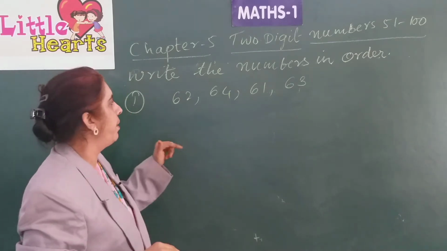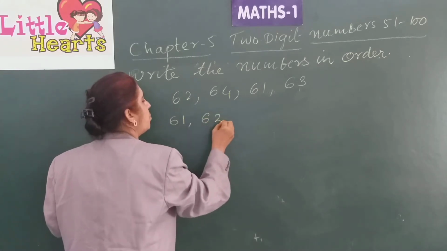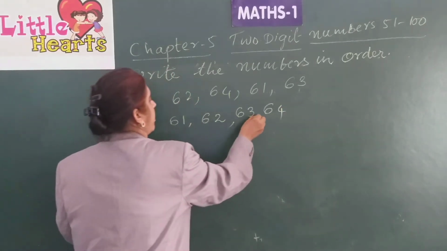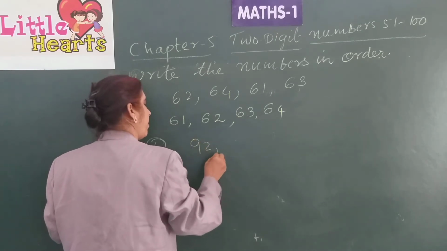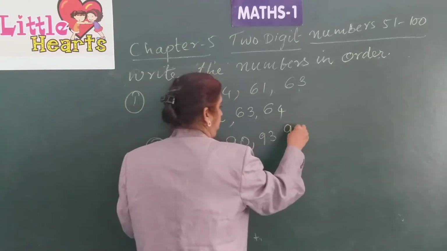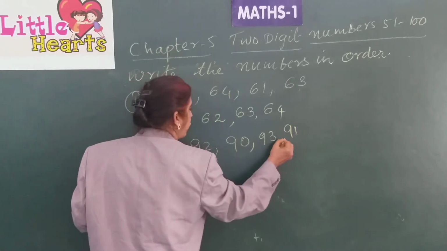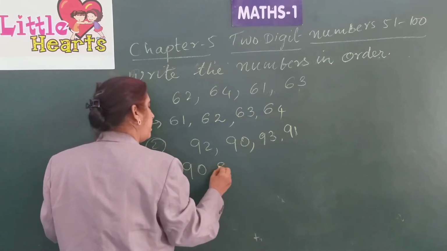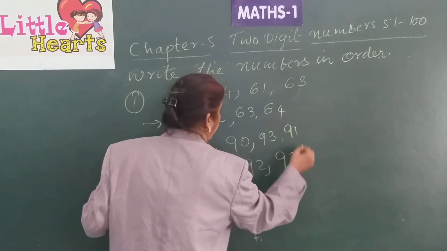We shall write them in order. First comes 61, 62, 63, 64. See here, 92, 90, 93, 91. Write them in correct order: 90, 91, 92, 93.